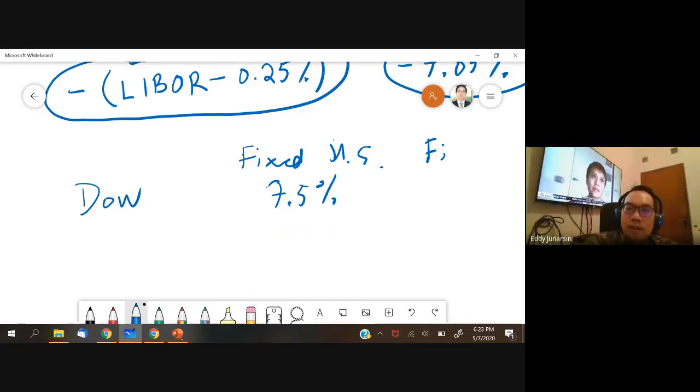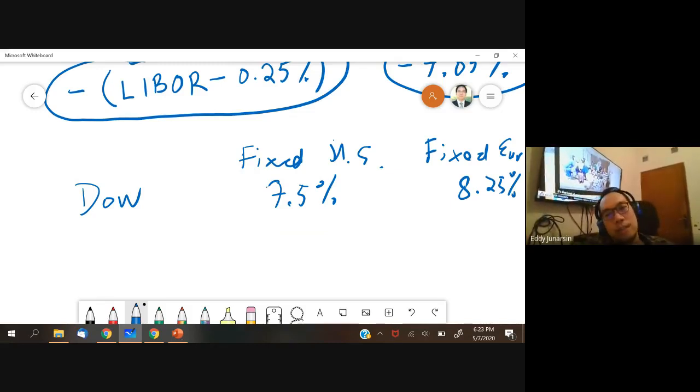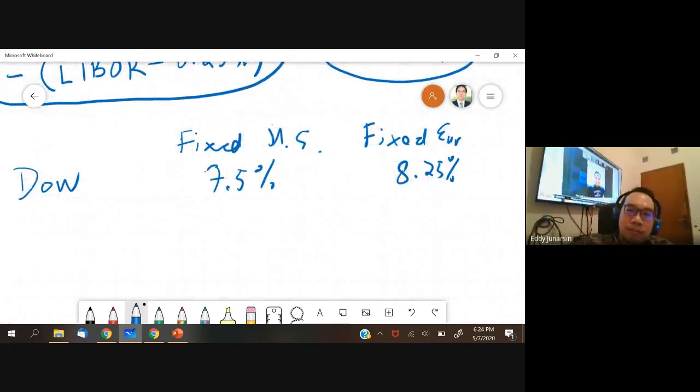But if it borrows money in Europe, you have to pay 8.25. Of course, right? You can see the logic, right? So although Dow Chemical is a well-known company in the United States, if it goes to Europe, again, reputation might not be as high as it is at home, right? So you have to pay 8.25.